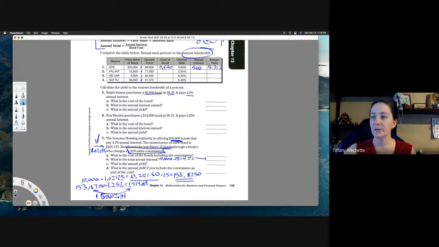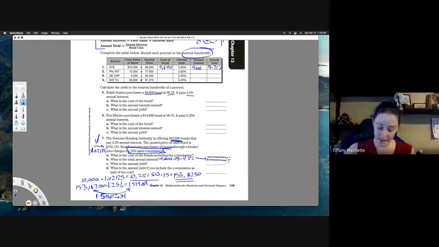What is the annual yield? So remember, annual yield, you can still see that here up at the top of the page, is the annual interest that we just calculated in part B divided by the bond cost. So you're going to take this amount once you're done calculating it, and you're going to divide by the bond cost.